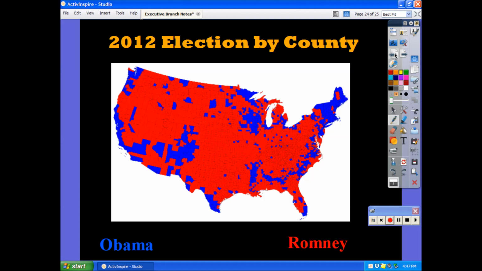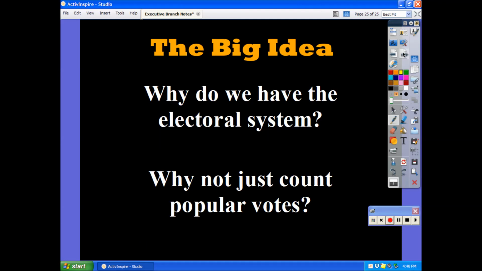Well, in order to make sure that happens, we've got to make sure that a president visits as many states as possible. And we've got to make sure that that president wins some of those states in order to become president. And so what we do is we make sure of that by using this electoral system, so that when the president gets elected, that president represents a large number of people over a large number of states, in a variety of states.